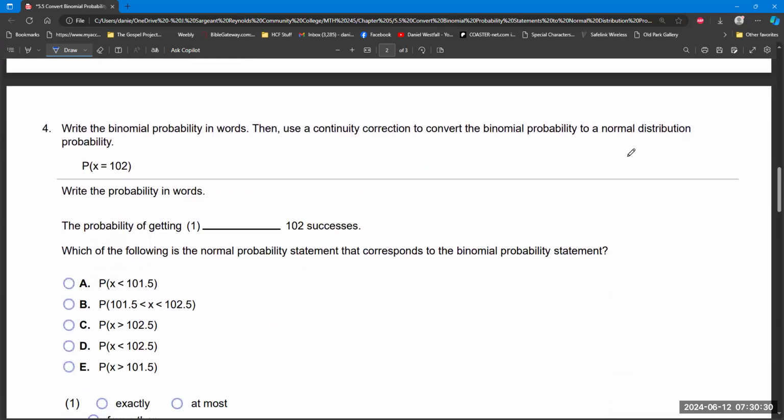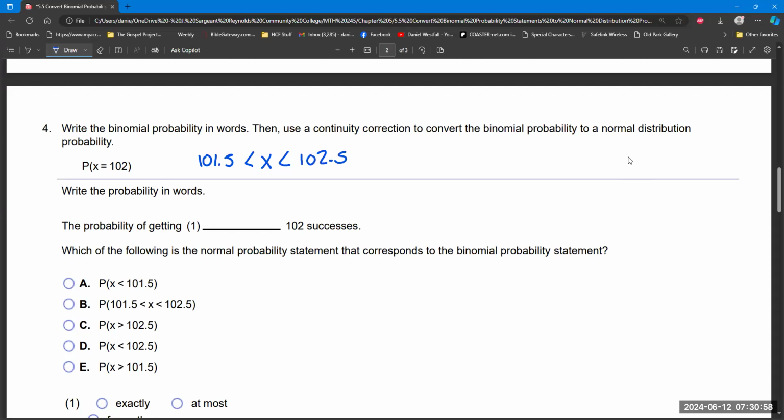X is exactly equal to 102. So the way that I'm going to deal with that is say that 102 is between 101.5 and 102.5.